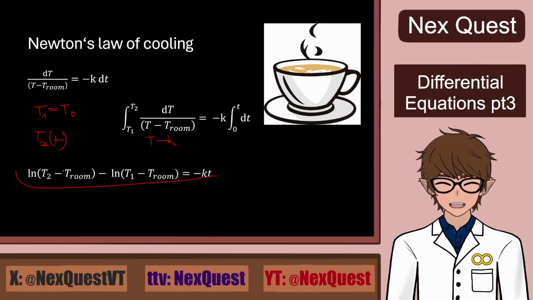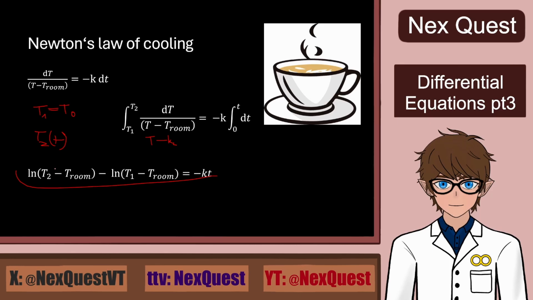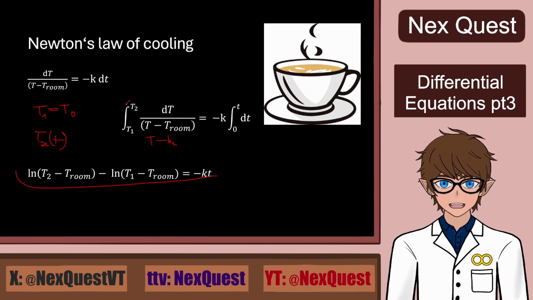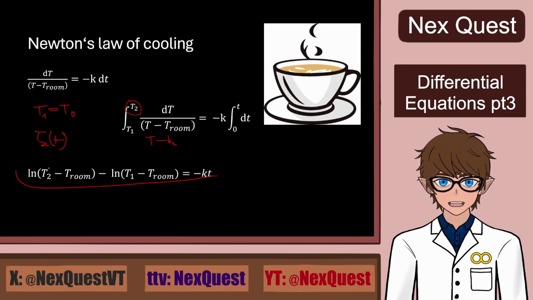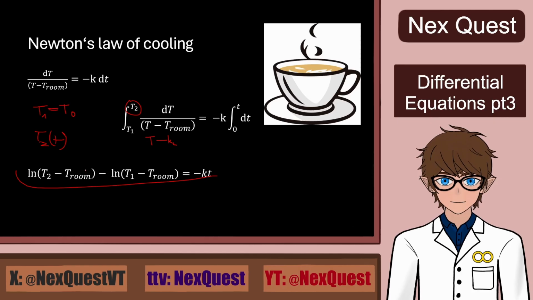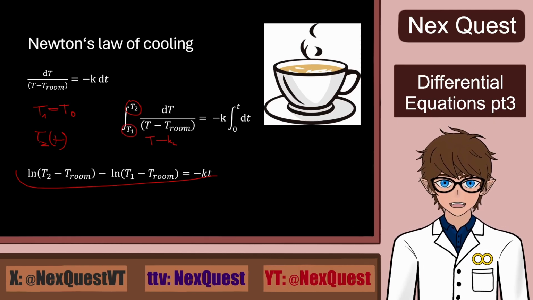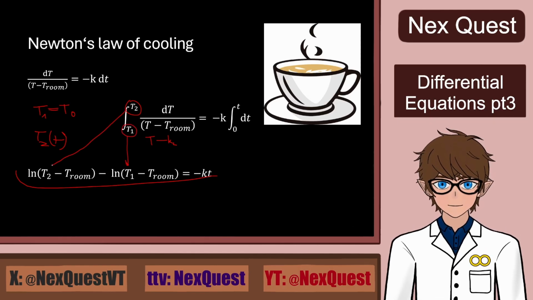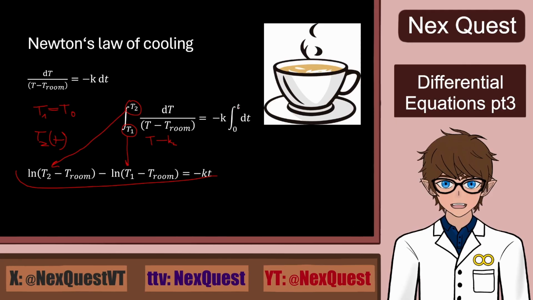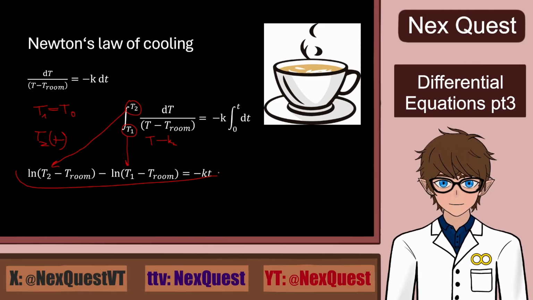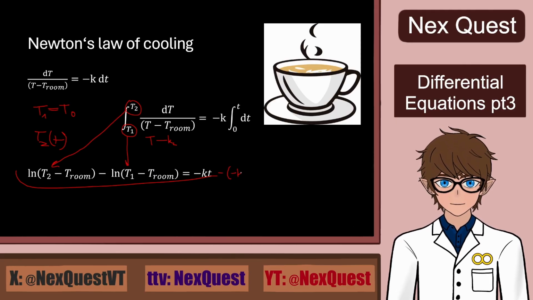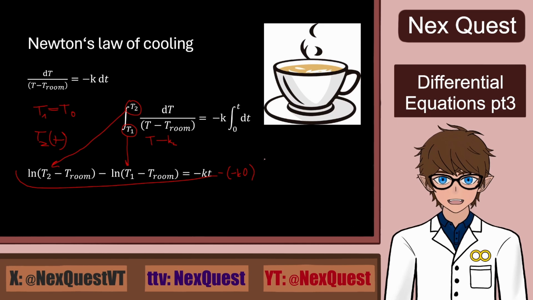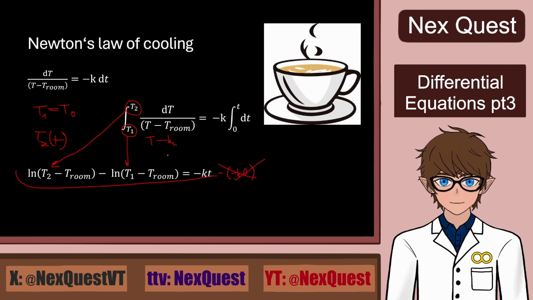And then when we're integrating this, we get this. And then we insert the first temperature as the variable, minus the same integral, but inserting the second temperature instead of the variable. And then we get minus kt, because we would have a minus k times 0. So this term is a 0, it cancels out, and we get this.